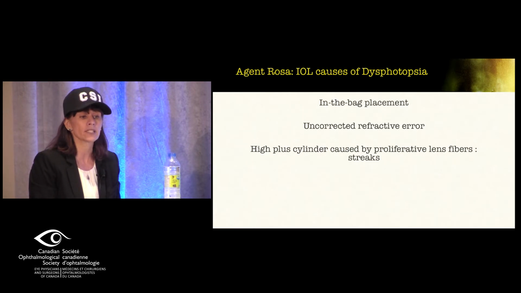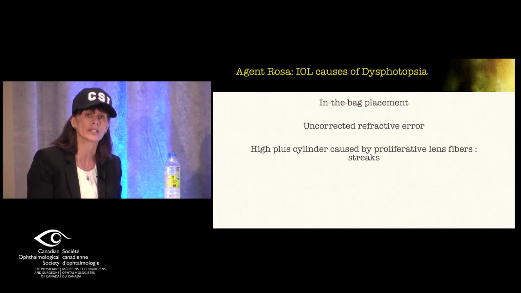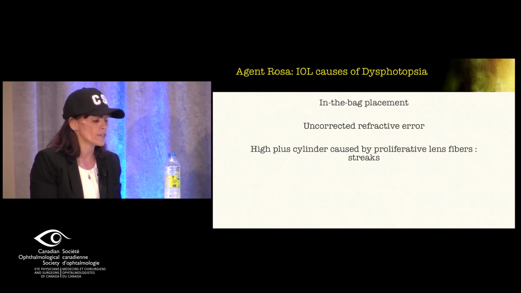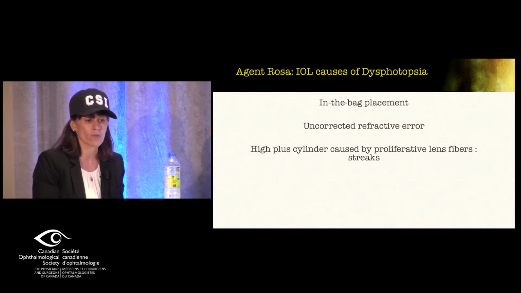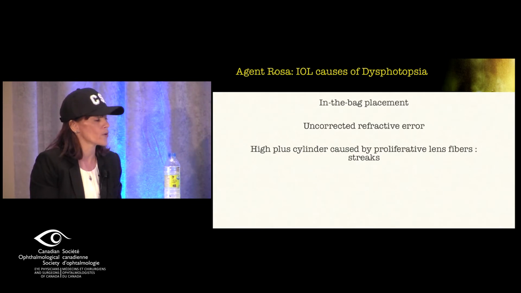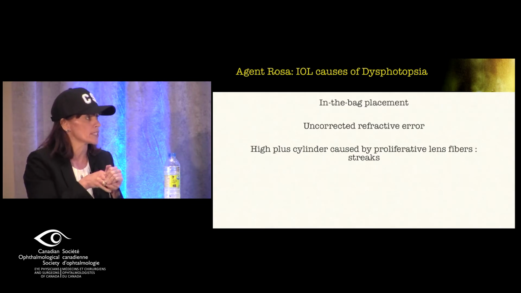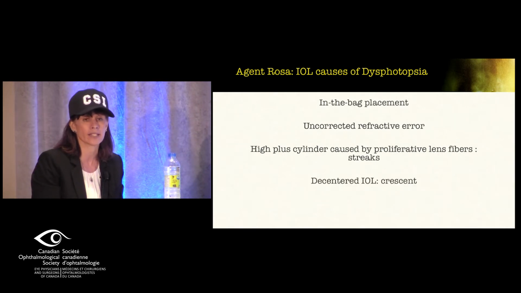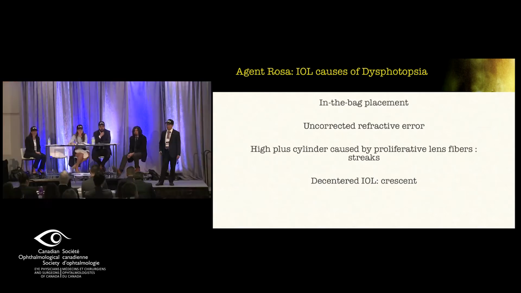A high plus cylinder caused by proliferative lens fibers or streaks on the posterior capsule can cause a dysphotopsia. Or if you have a decentered IOL that can shift over, you can also have a little crescent caused by that decentered IOL between the iris and the lens, and that can cause a dysphotopsia as well.